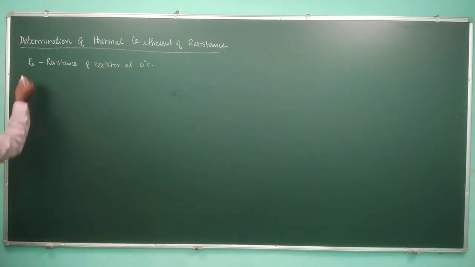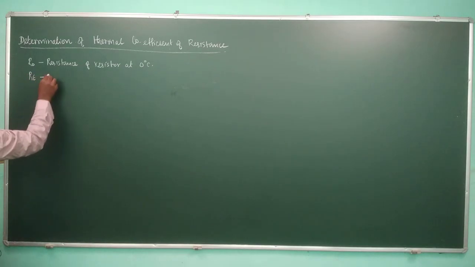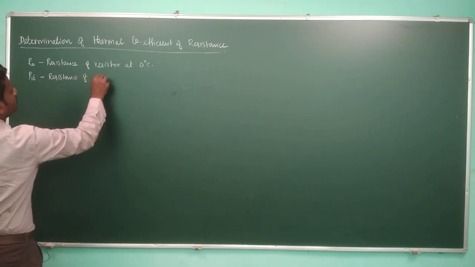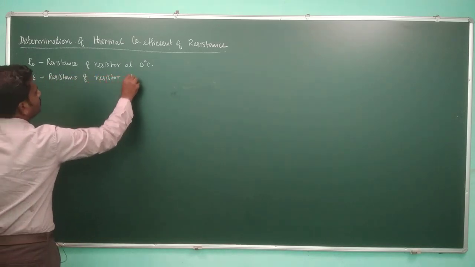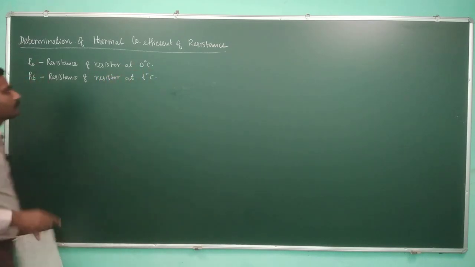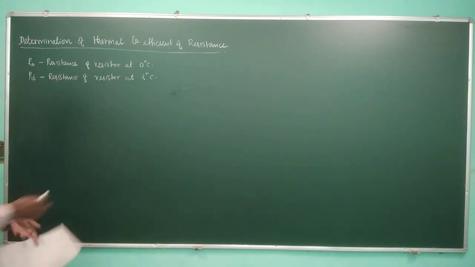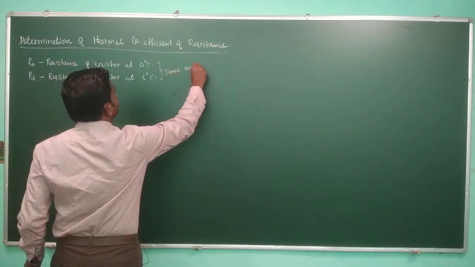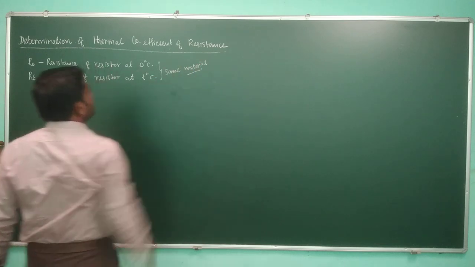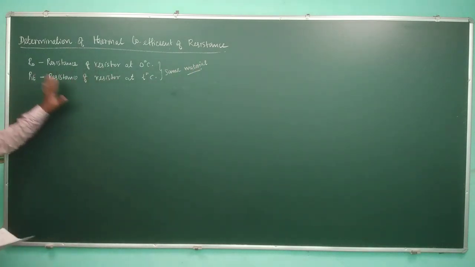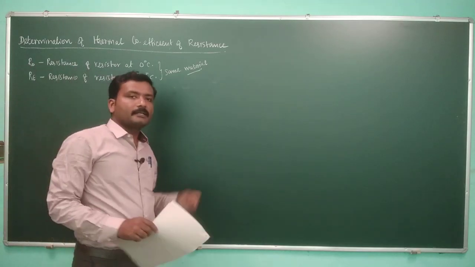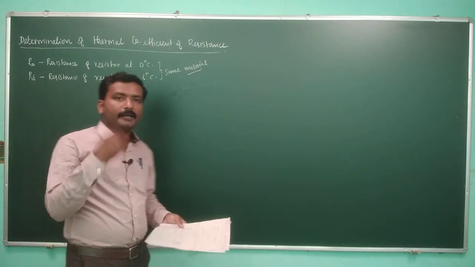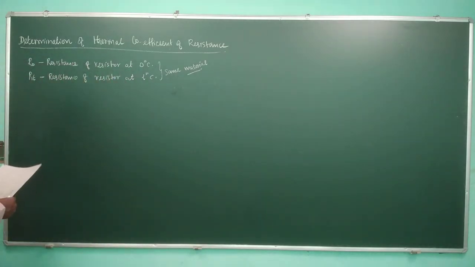At the same time, let us define RT is the resistance of a resistor at T degrees Celsius, for the same material, the same resistor. R0 is the resistance of that resistor at 0 degrees Celsius, while RT is the resistance at the temperature T degrees Celsius.